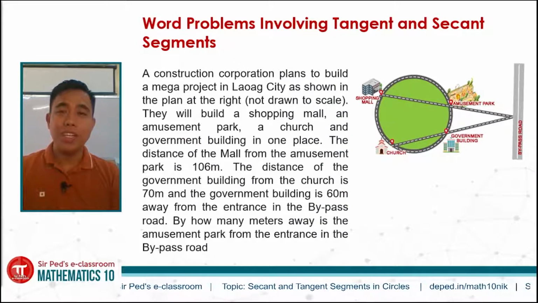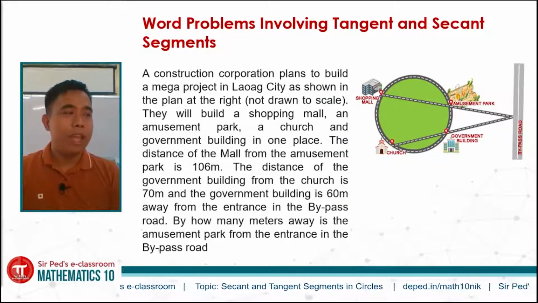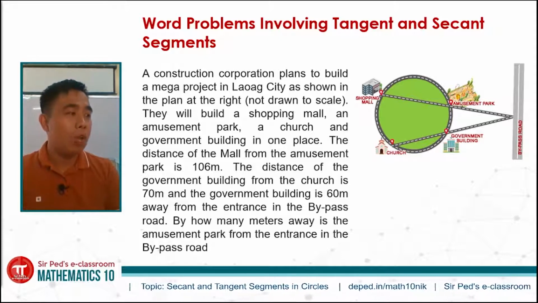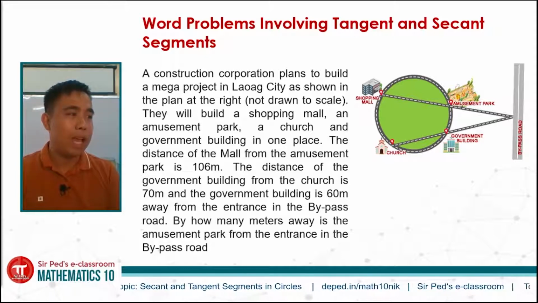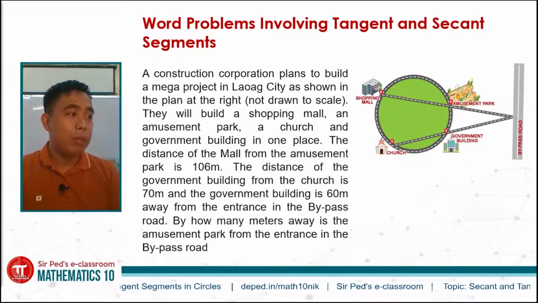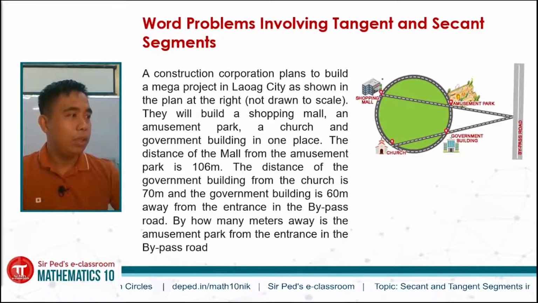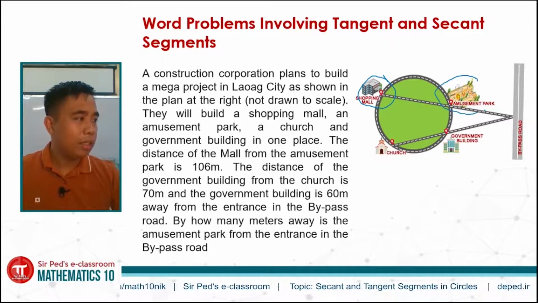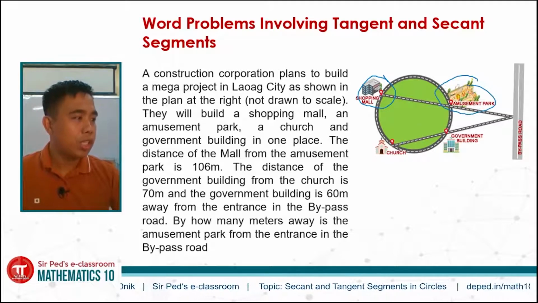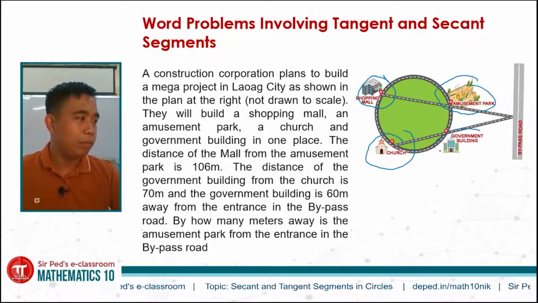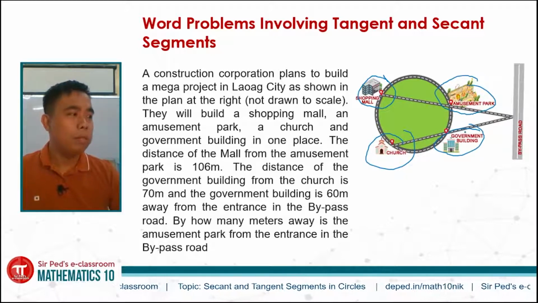So, let's consider this problem. A construction corporation plans to build a mega project in Lawag City as shown in the plan at the right. And our figure is not drawn to scale. They will build a shopping mall, an amusement park, a church, and a government building in one place.